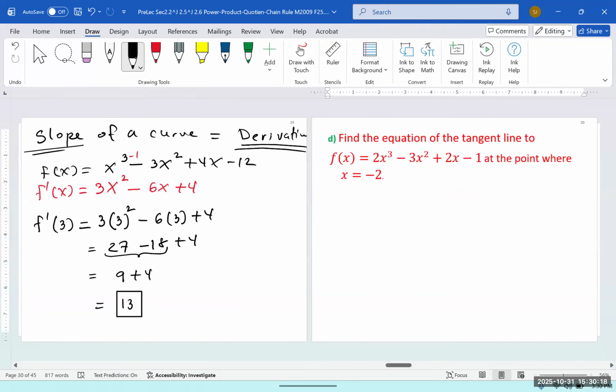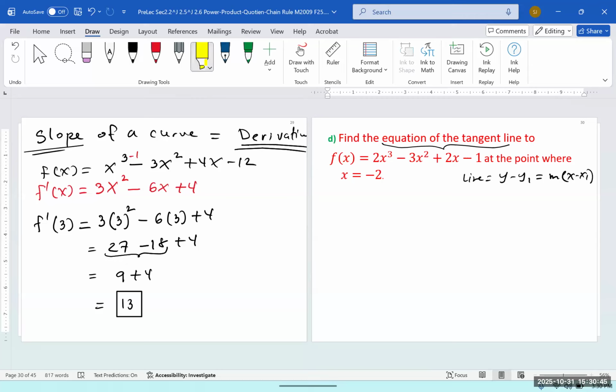Okay, the next one. Find the equation of the tangent line for this function where your x is -2. So the equation of any line is y minus y1 equals slope times x minus x1.